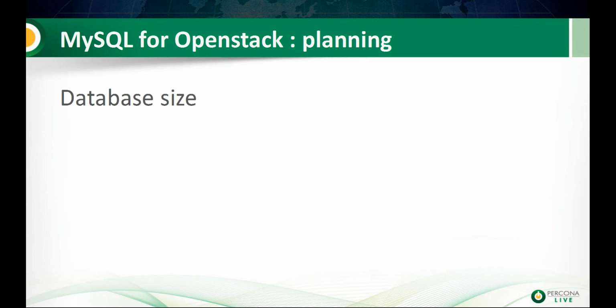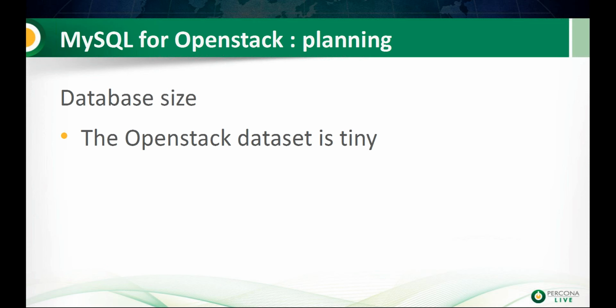So database size now, it's tiny. I mean, really tiny. I have a setup in our OpenStack lab. It has 6 data nodes, and I think the whole data set fits in less than a few meg. So it's really small, which is good.